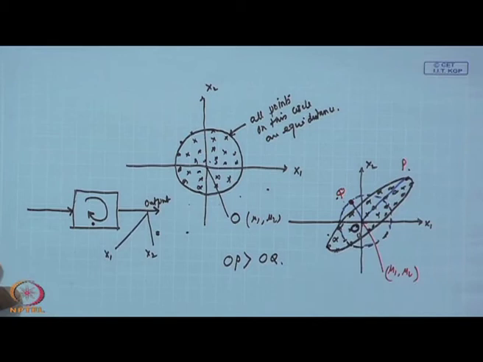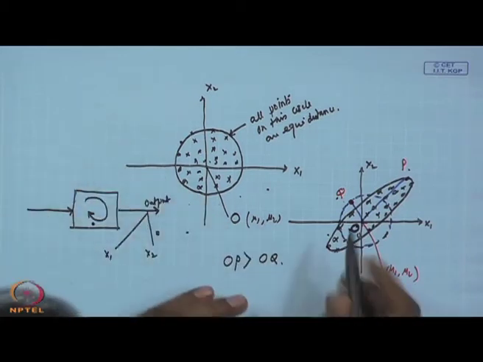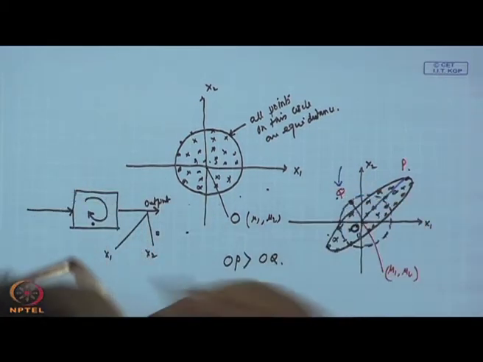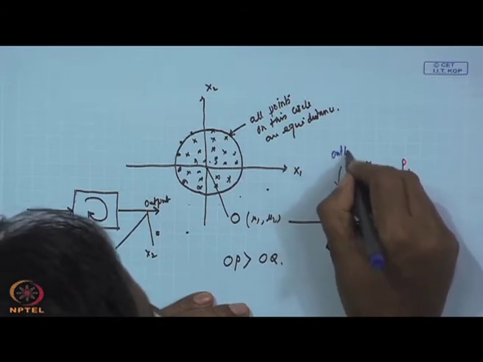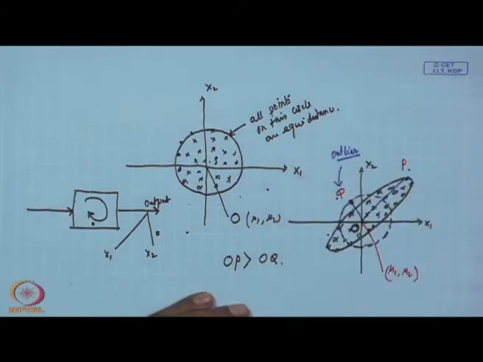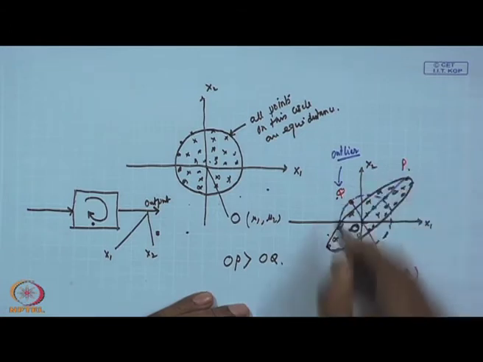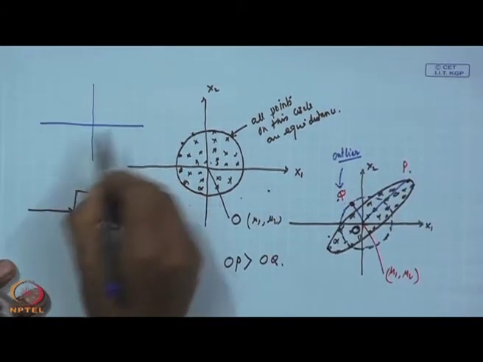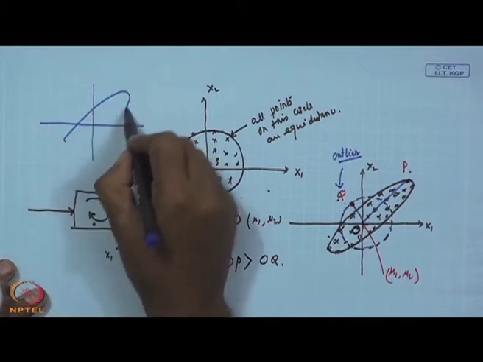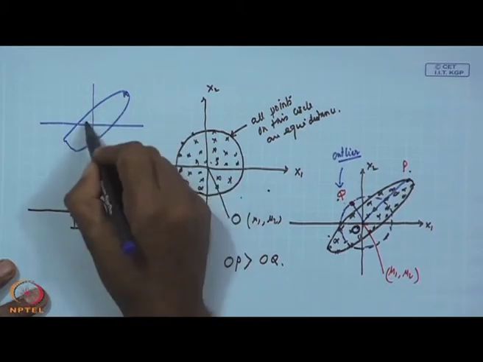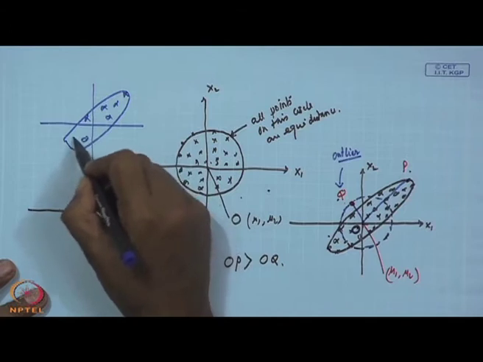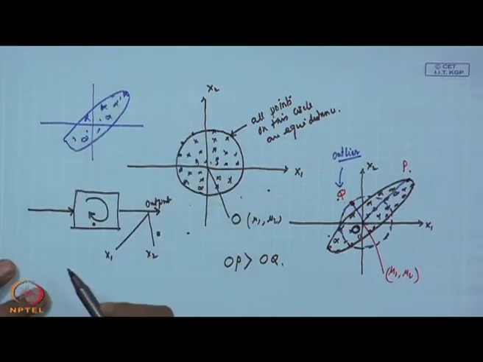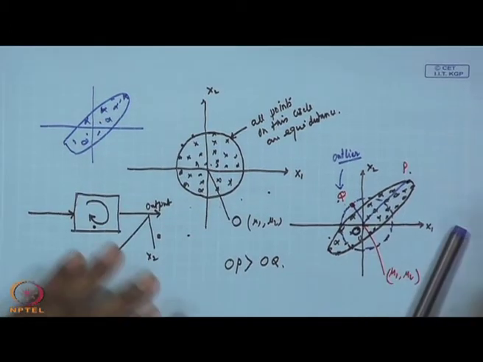So, from the process point of view, Q is an outlier, whereas P belongs to the general mass.